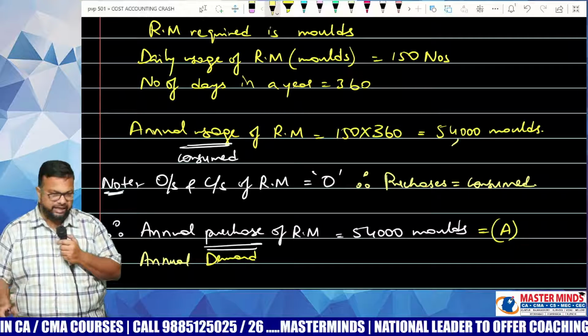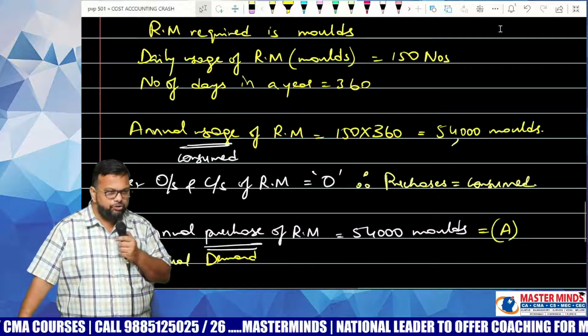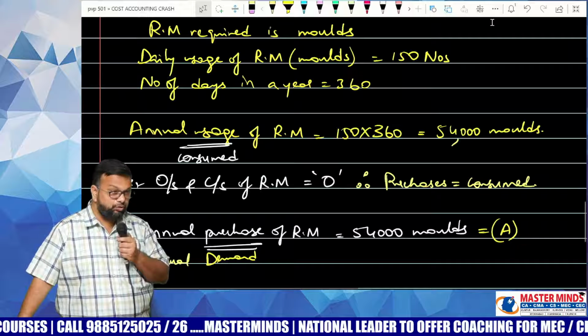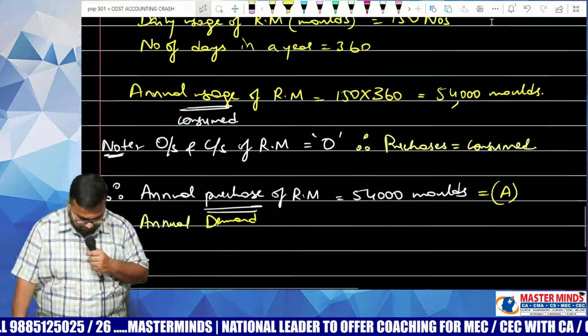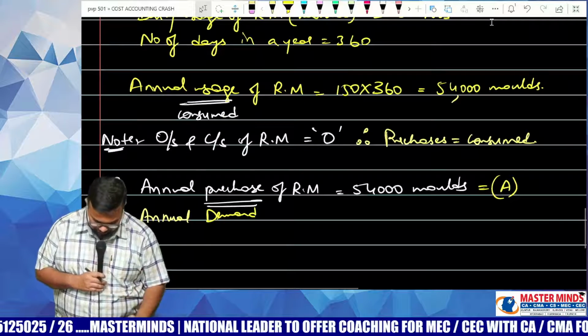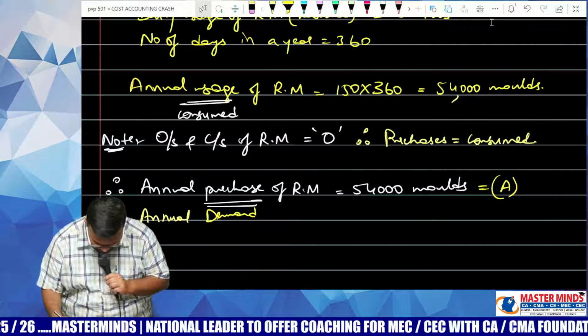Okay, that I have. Now when it comes to EOQ, I am concerned about two types of additional cost. One is ordering cost and the other is carrying cost. So let us see the ordering cost. What is ordering cost?